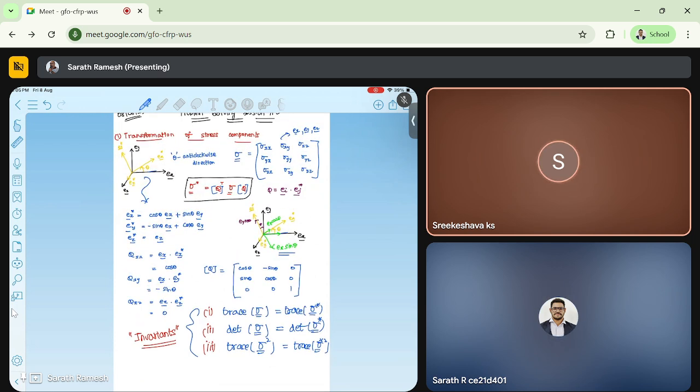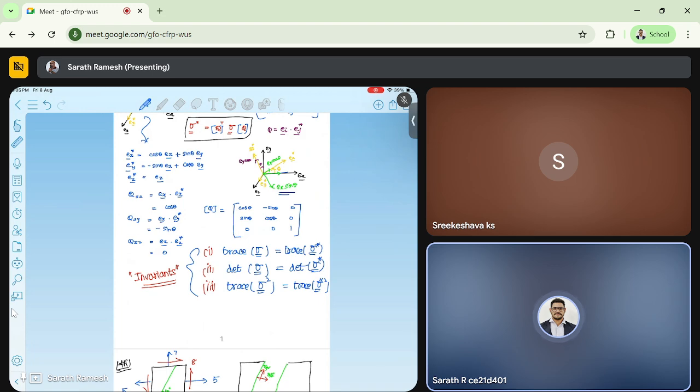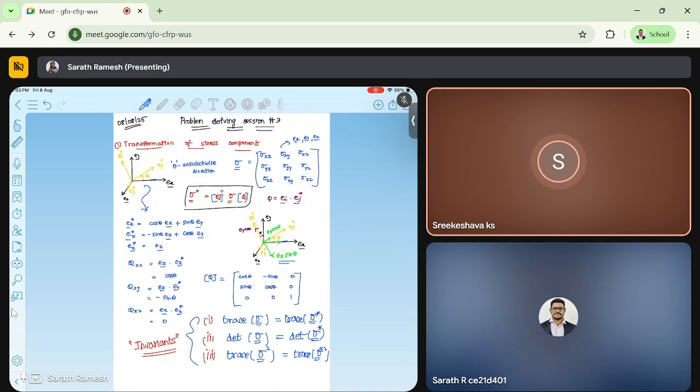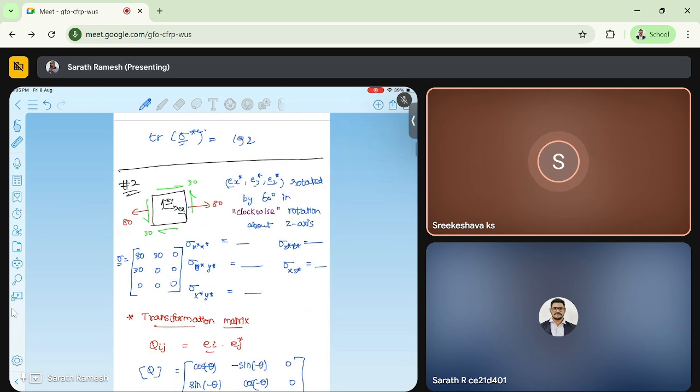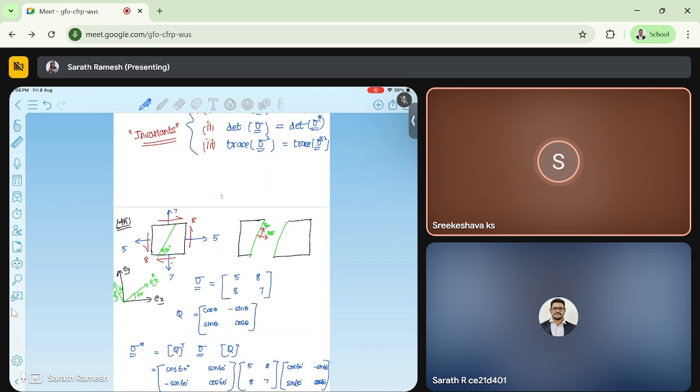Today's problems, or the assignment problem that you're saying? Week three, first problem, they have given with respect to EX. That's why we have considered only a 2 cross 2 matrix for the two-dimensional system.